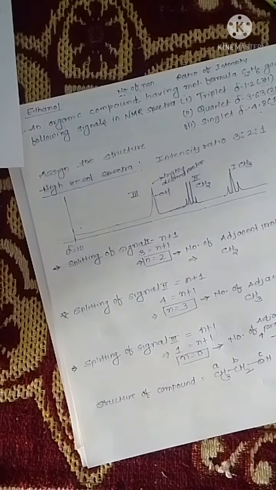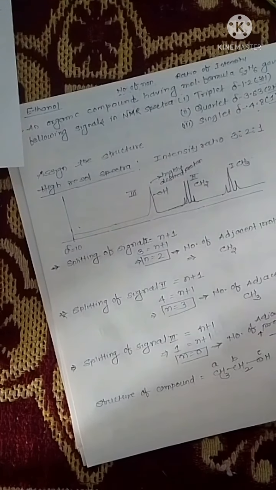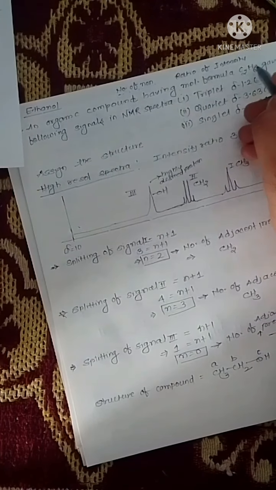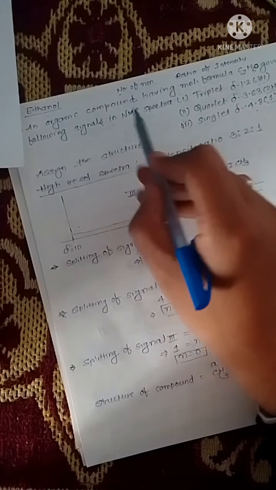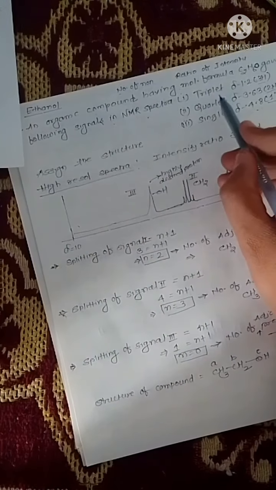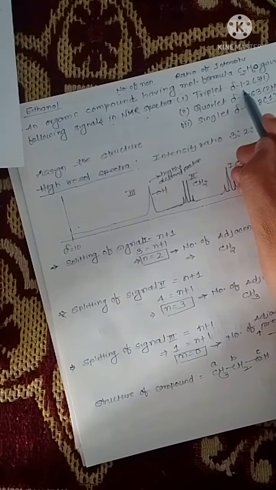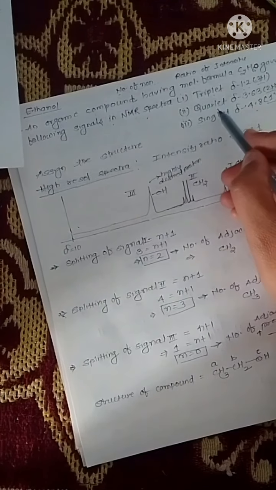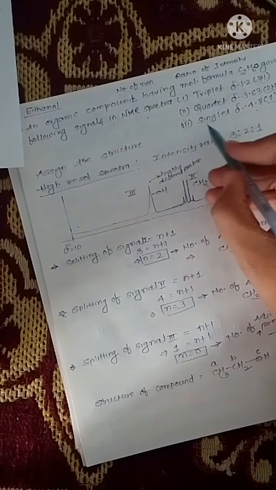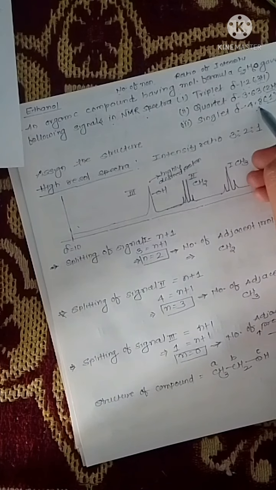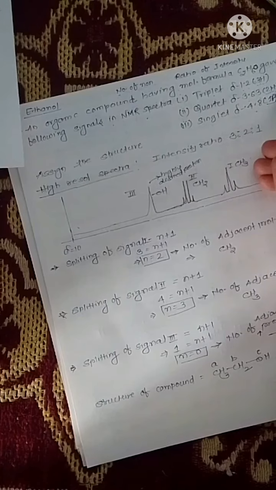Let's take one more problem. An organic compound having molecular formula C2H6O gave the following signals in the NMR spectra: a triplet at del value 1.2 for 3 protons, a quartet at del value 3.63 for 2 protons, and a singlet near about 4.8 for 1 proton.